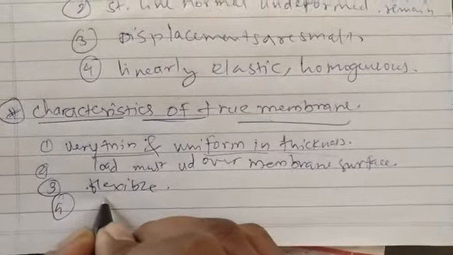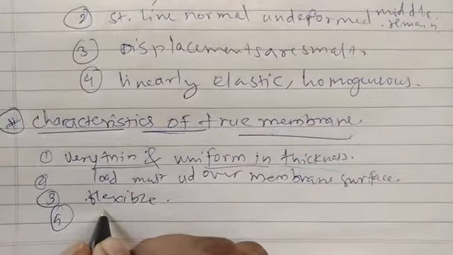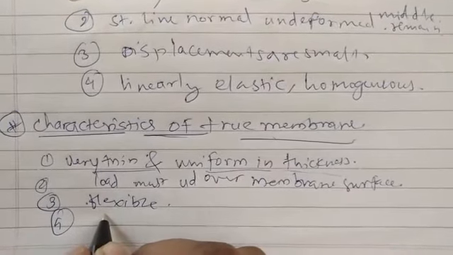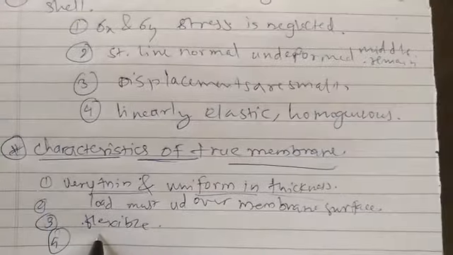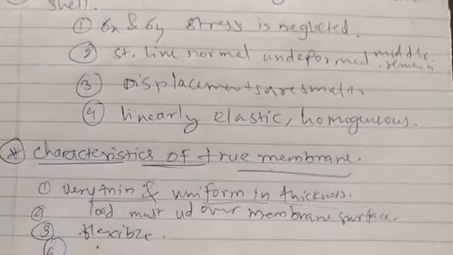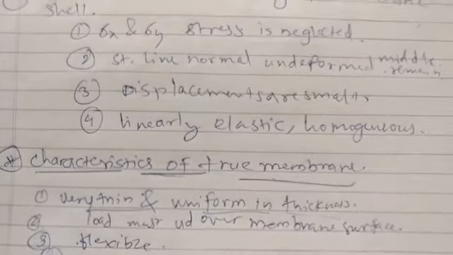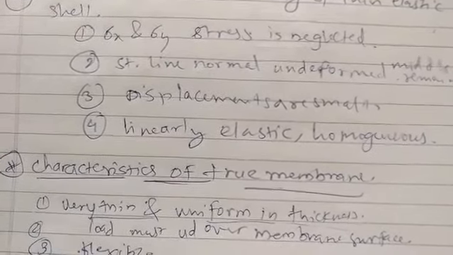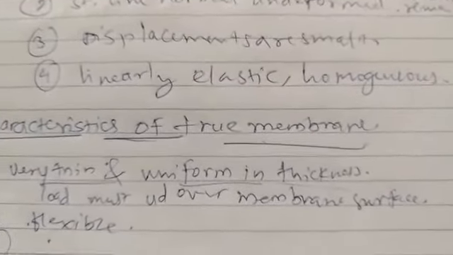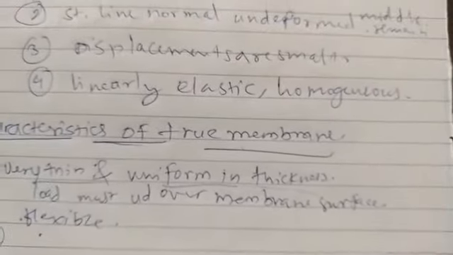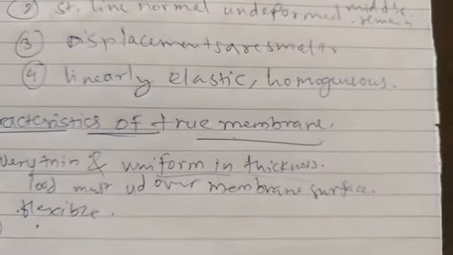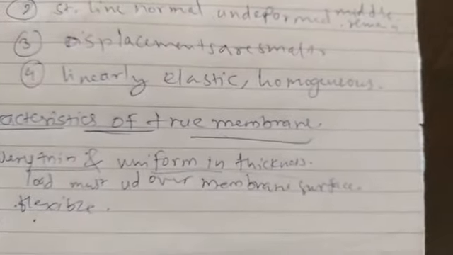Now the next characteristic is that the internal forces at any point, that is, if any support is provided at the point, should be directed along the tangent at that point of the membrane surface. So this is our fourth characteristic.